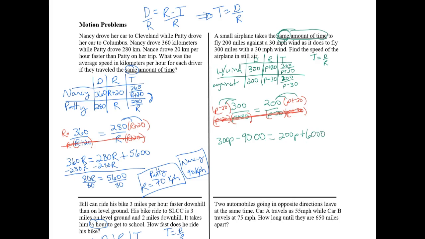I need to get all my variables on one side, all my constants on the other. This is a linear equation. I do not need to factor. I just need to get p alone. Move the variables to the left, constants to the right. So I subtract 200p from both sides and add 9,000 to both sides.